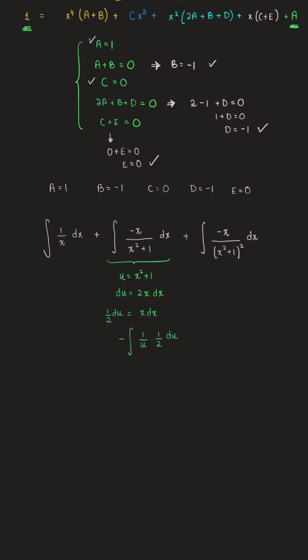Okay, and the third one's very similar. x squared plus 1 squared, well, that seems like it would be a good u sub also. We'll let u be x squared plus 1. We know du is 2x dx, so we'll get that 1/2 term. So this will be a negative 1/2 integral of 1 over u squared du for the third integral.